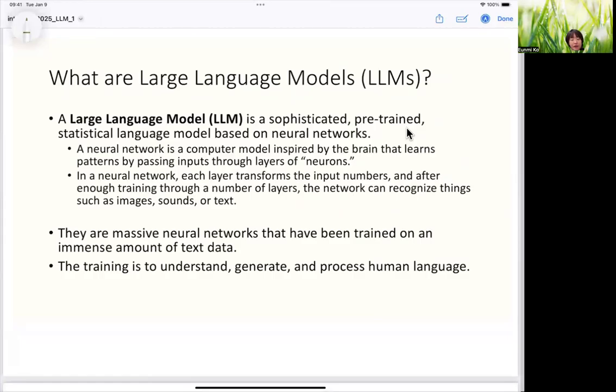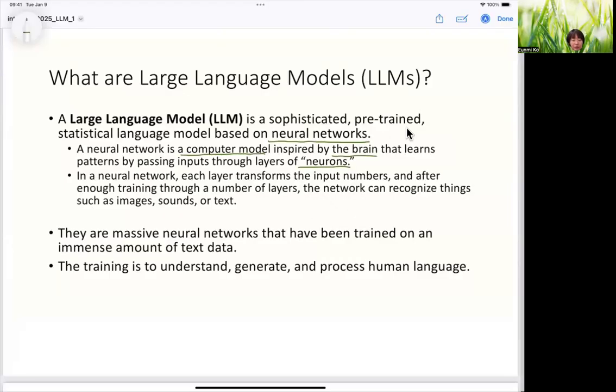What are large language models? A large language model is a sophisticated, pre-trained statistical language model based on neural networks. What are neural networks? A neural network is a computer model inspired by the brain that learns patterns by passing inputs through layers of neurons.